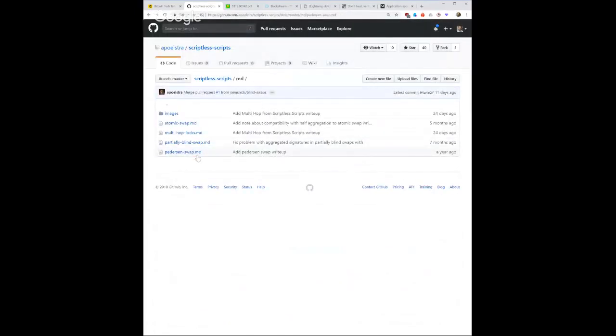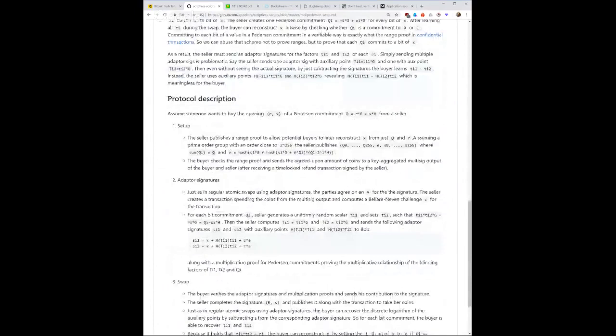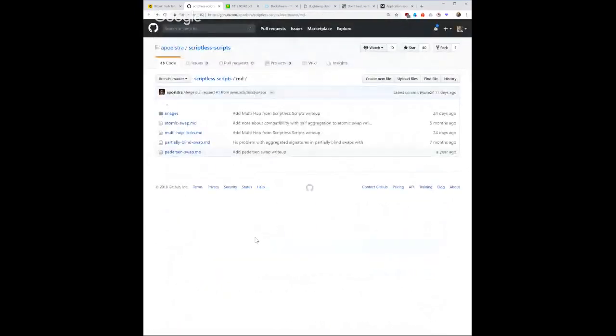Basically, you can do a lot of interesting things just using the signature component instead of having an entire smart contract language like Script in Bitcoin. So instead of using that, you use scriptless scripts, or you use the random component or something like that as a way to create different scripts and different ways of processing things.